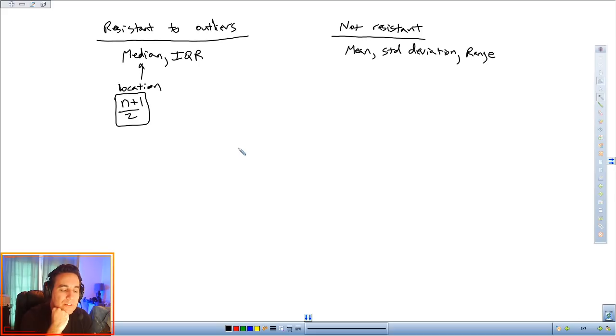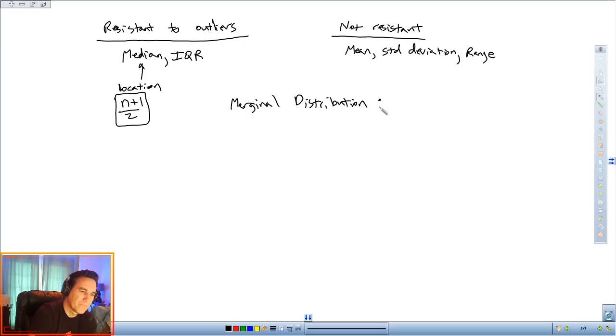Marginal distribution is for the totals. Conditional distribution is when you're looking in the table somehow. I don't think they're going to use these terms; I haven't seen it on any practice test. Marginal distribution is when they want you to figure out percentages from the totals.